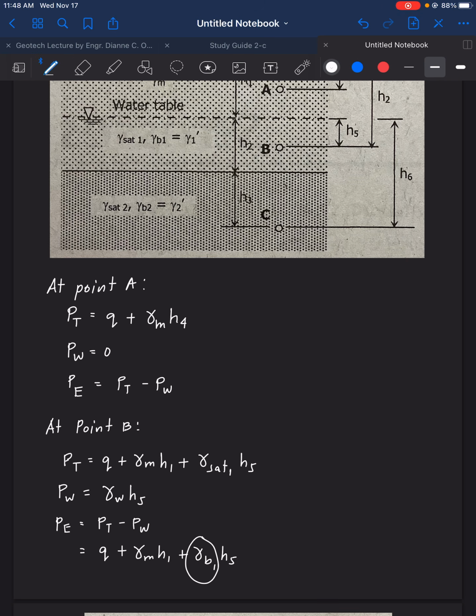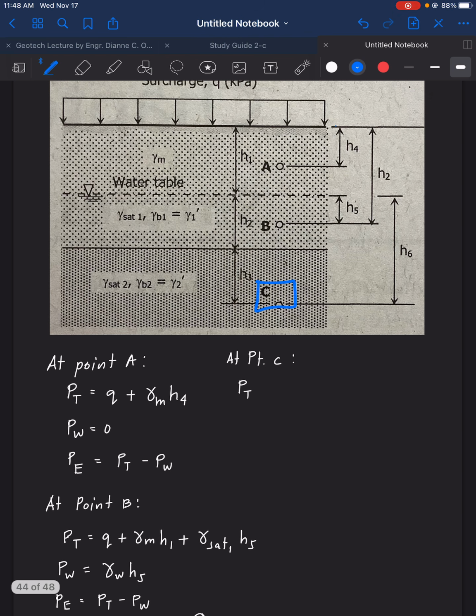Next, we have the point C. At point C, what's the P total? So, point C is located here. That is, point C is located H6 from the water table. And then it has gamma sat 2, and then gamma buoyant or gamma effective 2.